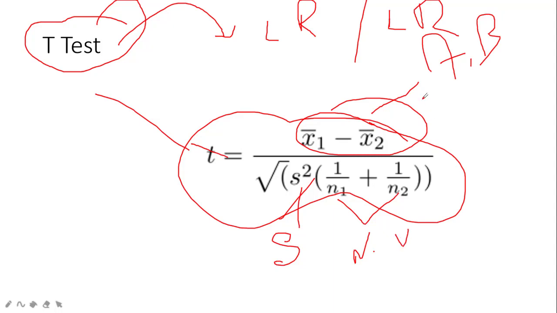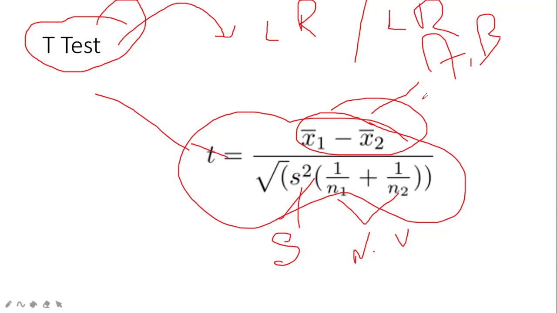Now understand the uses, like what the main uses are. The first is that it is a simple location test, to find whether the mean of populations differs. The second is that with its help you can test the null hypothesis. This is the main reason we use the t-test. Whenever you use this, you have to take a sample. You can take the sample from anywhere, whichever type of sample you want. We call these the sample variance values also. Here x1 and x2 are the means, and the difference of the means is what we need.